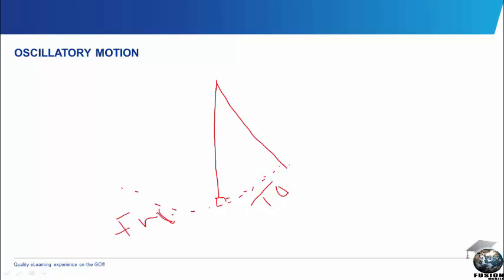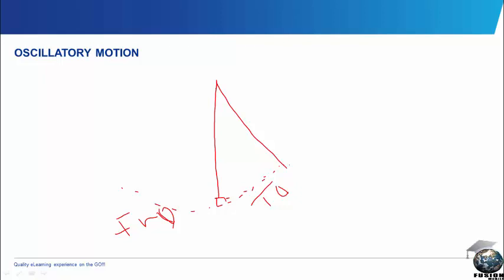These two motions make up what we call oscillatory motion, or vibratory motion, or periodic motion. The complete to and fro movement of a body about a fixed point is called oscillatory motion.